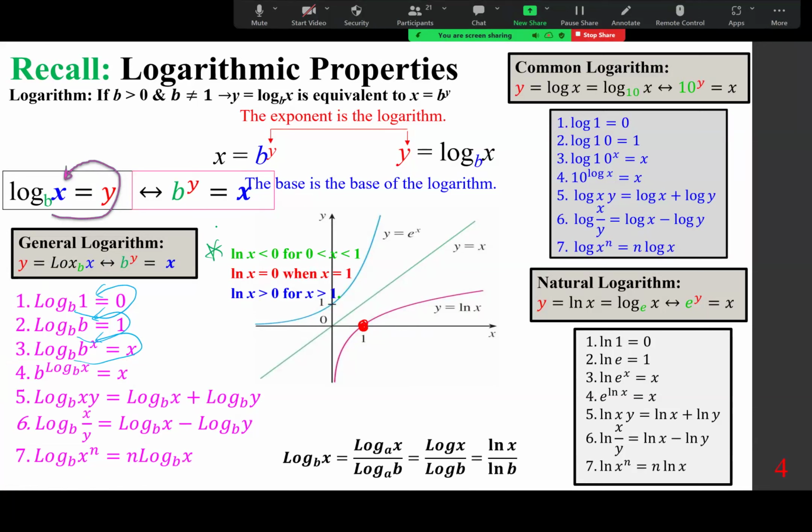Ln x is less than 0 for x being between 0 and 1. That means it's negative here. Ln x is larger than 0 when x is larger than 1. They're referring to this point. So I hope it's straightforward, everybody.